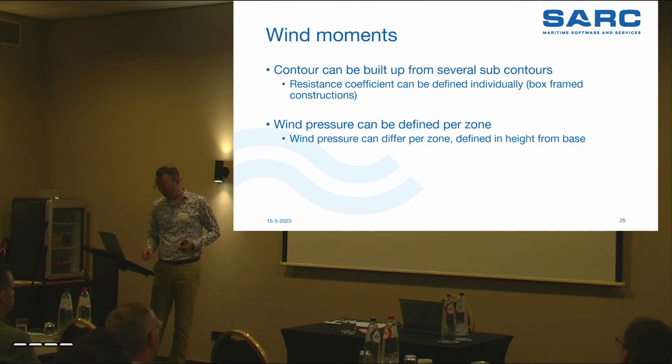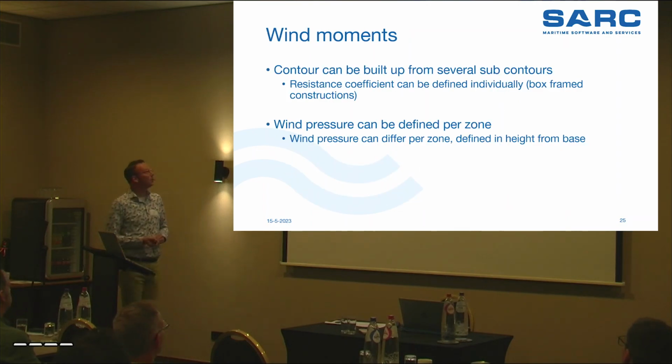Then the wind moments. Wind moments can be built up from several wind contours. That has to do with the resistance coefficients that can be different for different contours. For example, box framed constructions have a different resistance coefficient than the contour of the vessel has.